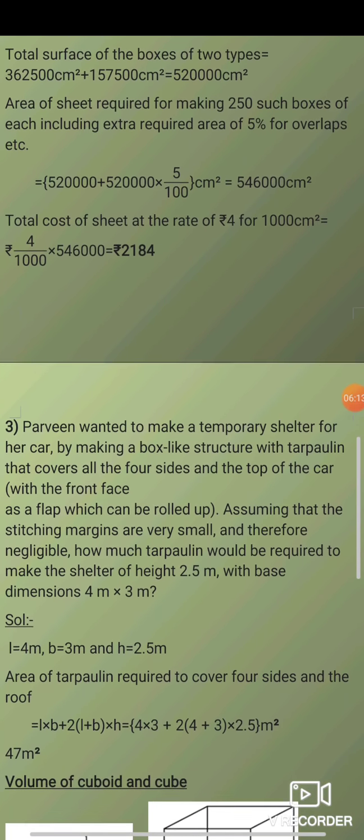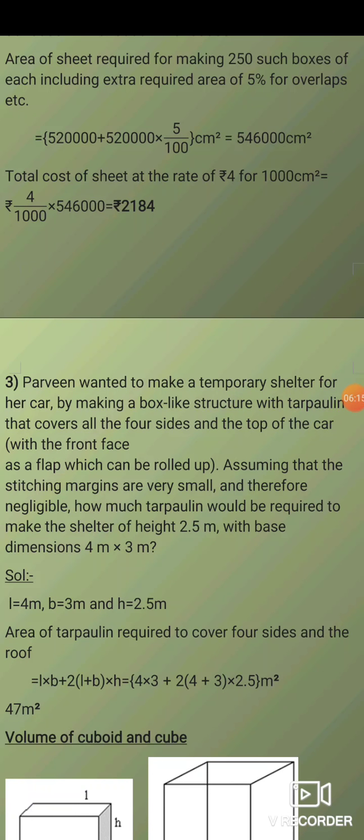Parveen wanted to make a temporary shelter for her car by making a box-like structure with tarpaulin that covers all the four sides and the top of the car with a front face as a flap which can be rolled up. Assuming that the stitching margins are very small and therefore negligible, how much tarpaulin would be required to make the shelter of height 2.5 meter with base dimension 4 meter by 3 meter?